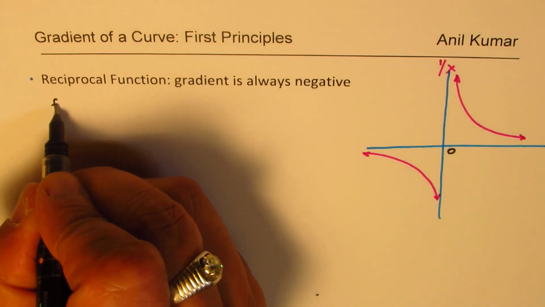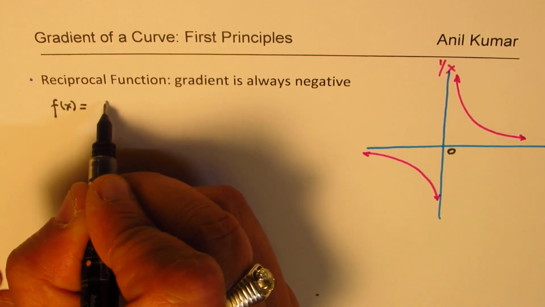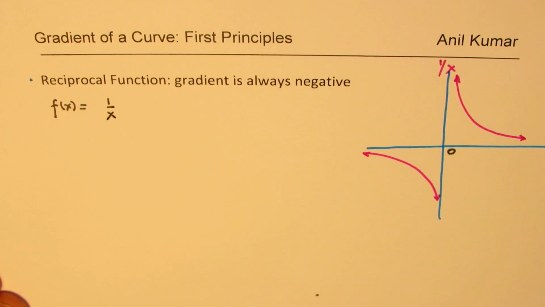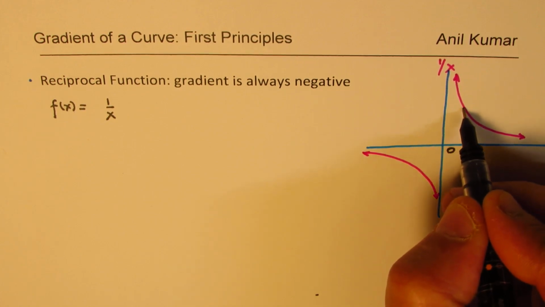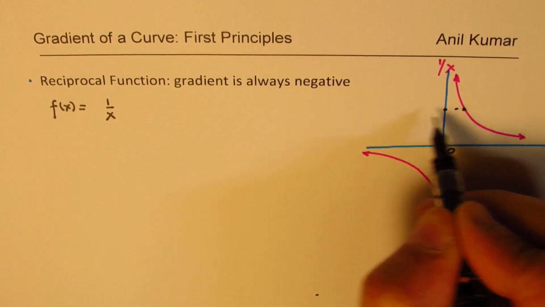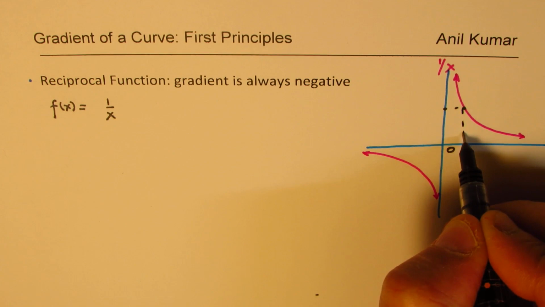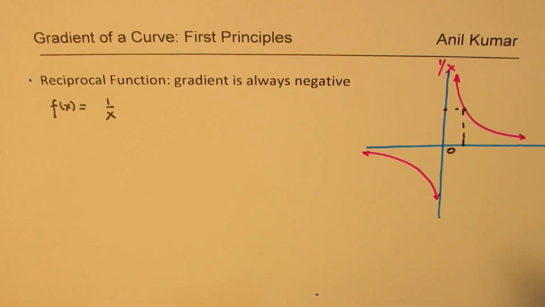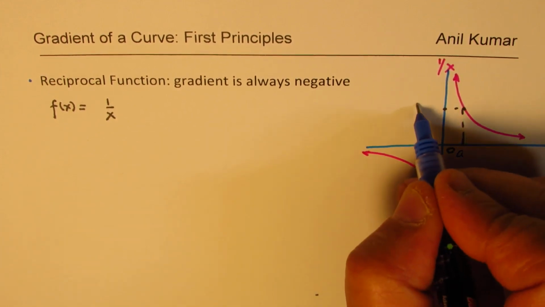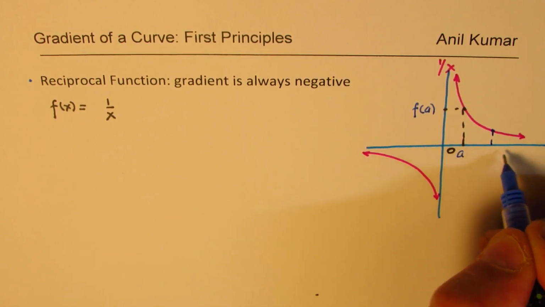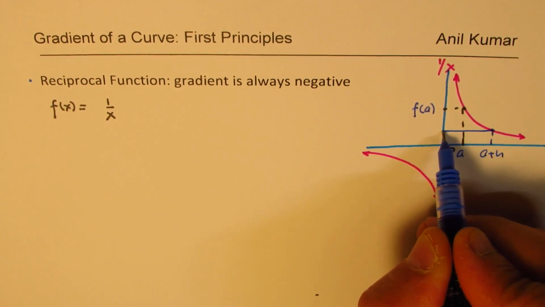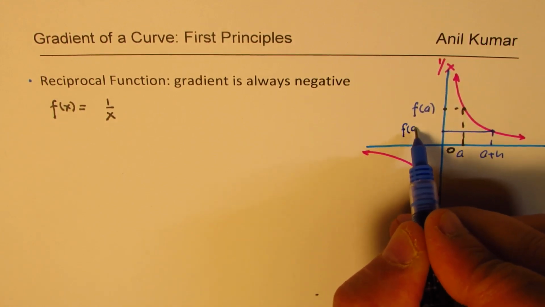So for us, the function f of x is equal to 1 over x. Now, if I take any point on this function, for example, let's say this point is a, then the value of the function will be f of a. And if I take another point slightly away, a plus h, this value will be f of a plus h.